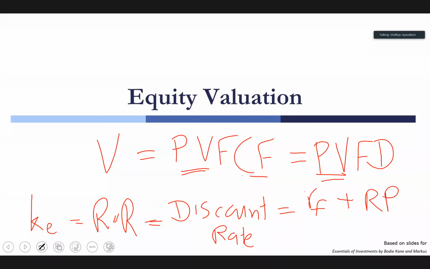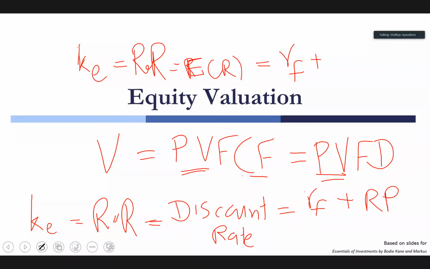CAPM is what we call a 1-factor model, where we essentially say our cost of equity, or our required rate of return or expected return, is the risk-free rate plus beta times (RM minus RF). This is what we call a 1-factor model, where we say the risk premium depends on one factor: how sensitive my stock is to the market.